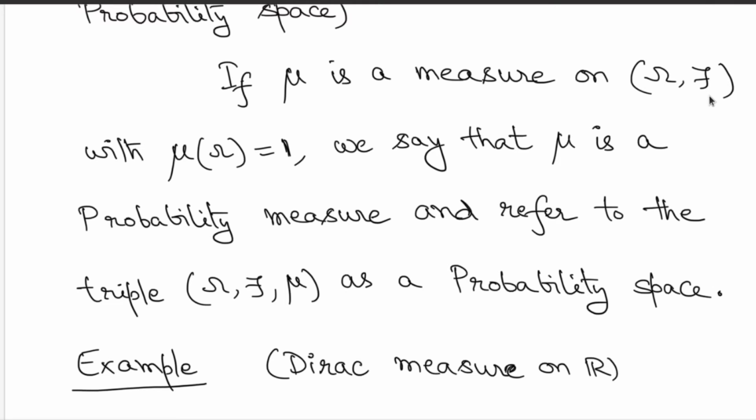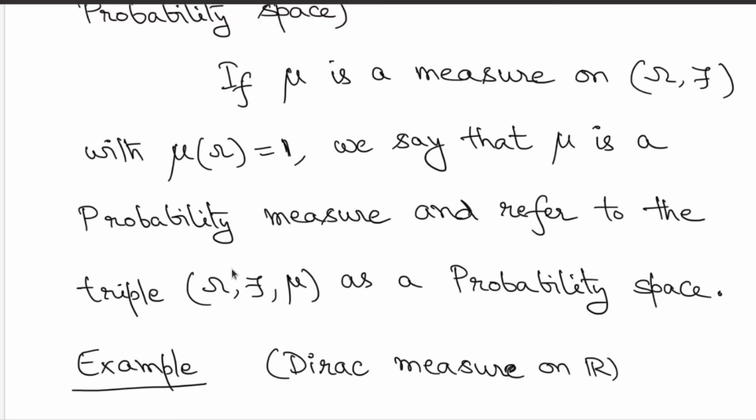Now as we have seen earlier, when you have a measure on a measurable space omega F, you can consider the triple. Take all these three things together, you get a triple, and we called it a measure space earlier. But now if it so happens that mu is a probability measure, then we shall refer to this triple, this measure space, as a probability space, and we are going to work on this kind of probability spaces throughout the course.